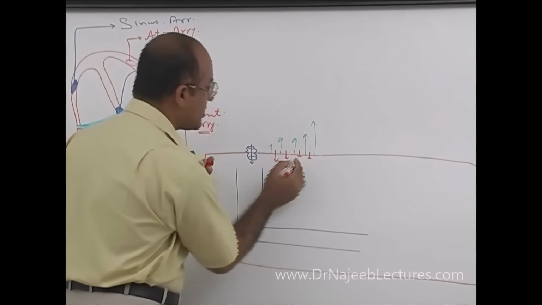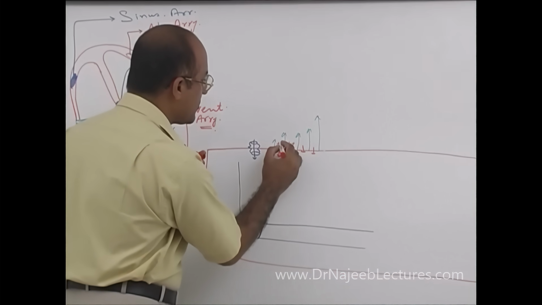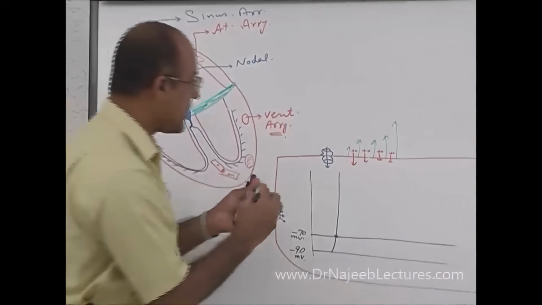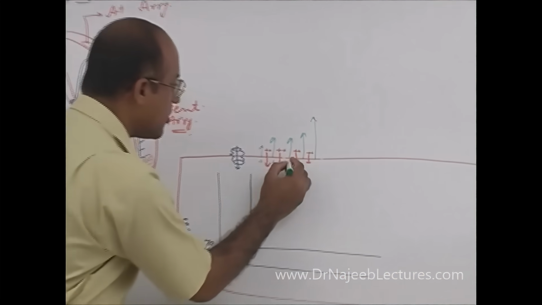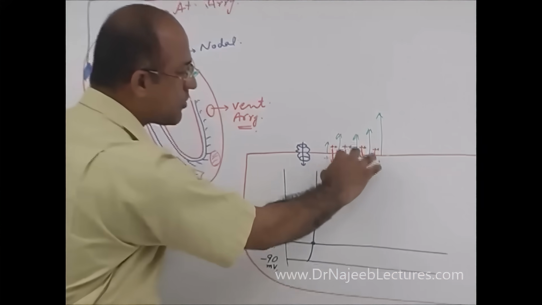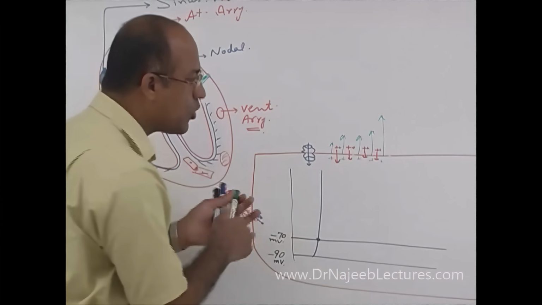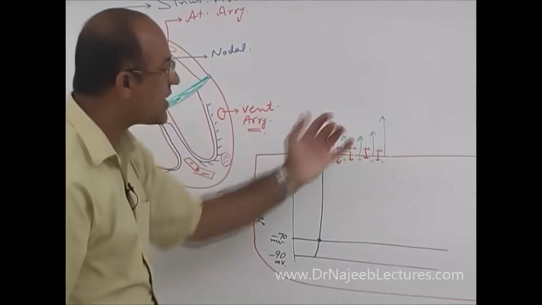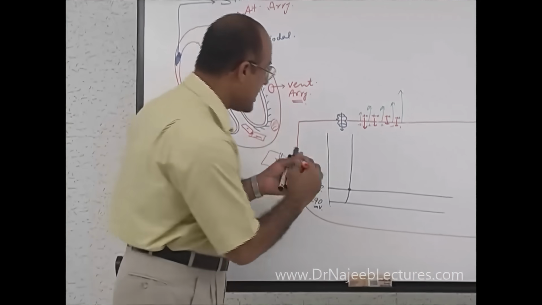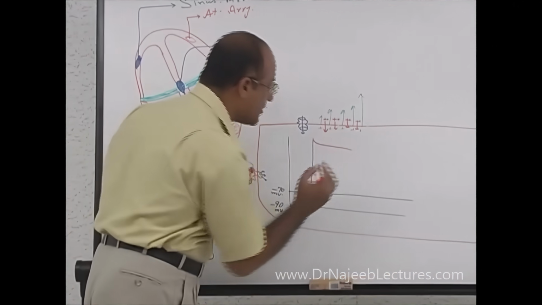So what really happens is that this is calcium, right? This red is calcium and this green I'm showing potassium. For some time, calcium keeps on coming in, potassium keeps on going out, so the cell is gaining cation as well as losing cation, so the net cationic balance is not disturbed, and that will produce a plateau phase.